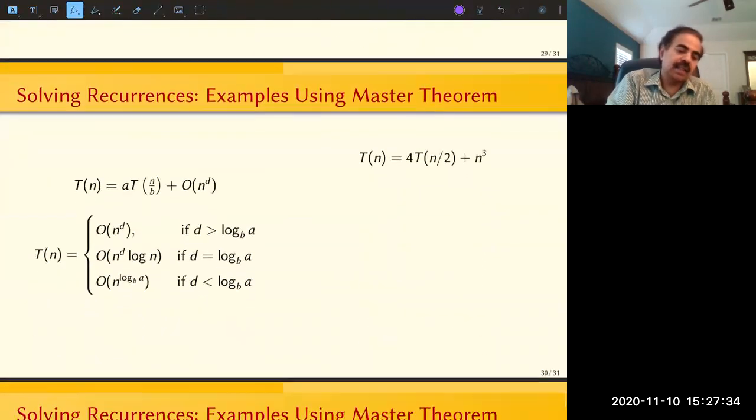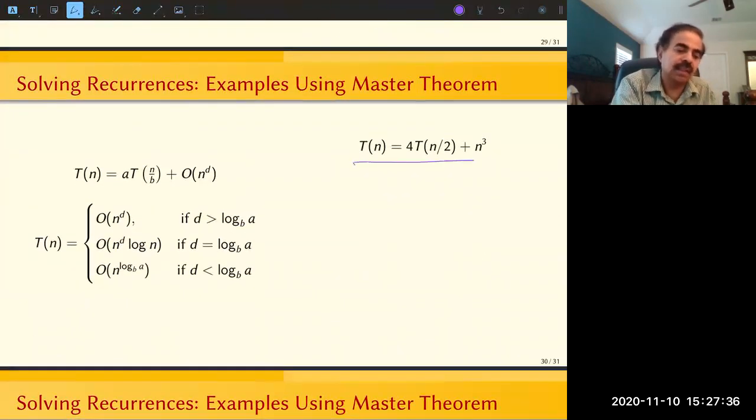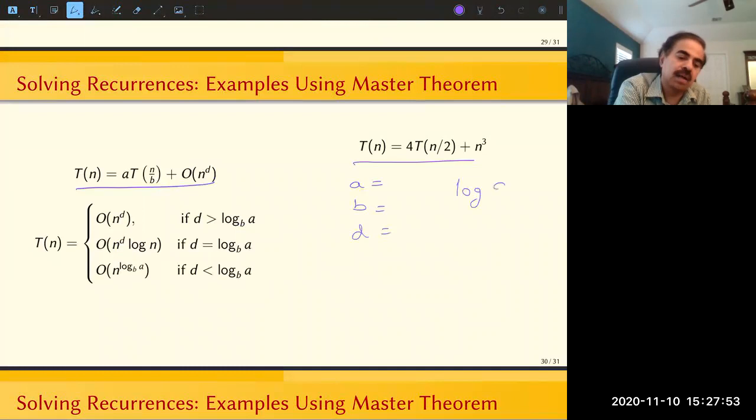So let's take another recurrence. Again, they are all going to look roughly the same because they are all of this standard form. So once again, can you tell me what is A, B, D, and log of A with respect to base B?